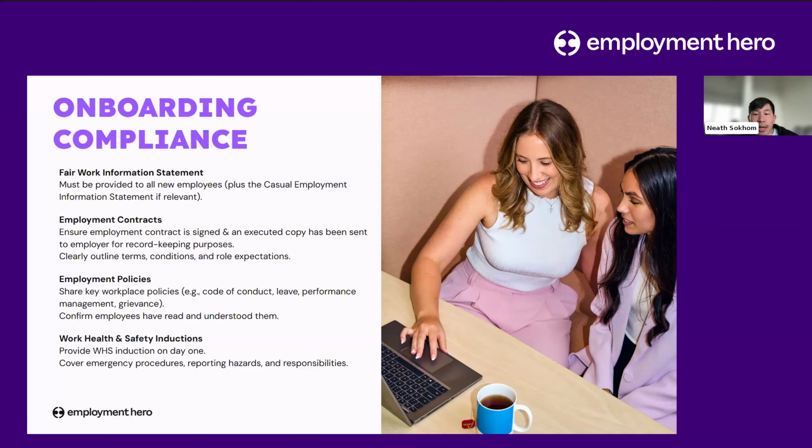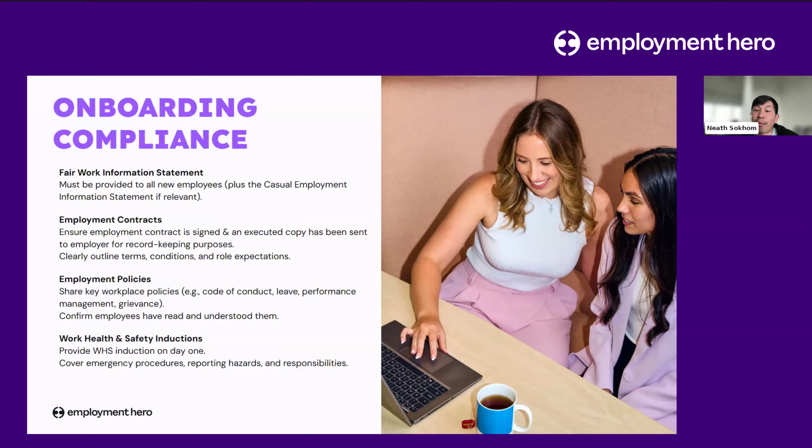A fully executed contract is your primary defense against future disputes regarding terms and conditions, obligations, duties, wages, etc. Without an executed copy, there would be ambiguity about the agreed terms, which can be particularly problematic when dealing with entitlements that differ from the relevant award or national employment standards. You should also ensure that a fully executed copy is returned to the employee as well for their own record keeping, just to close off the administrative loop.